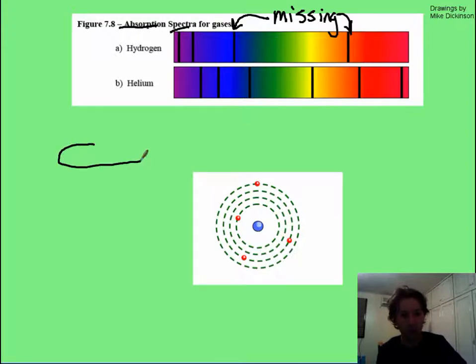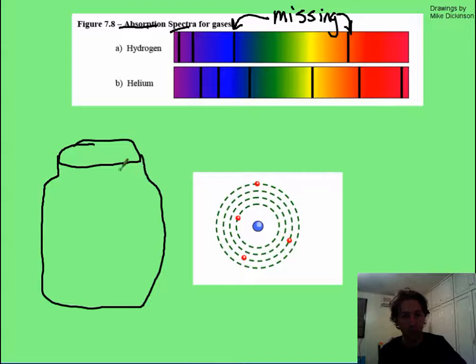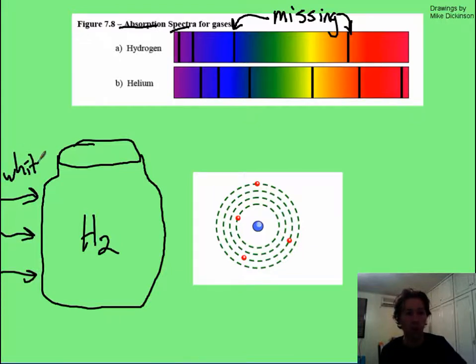And it's like if you had a big jar of gas and you filled it with hydrogen and you let a lot of white light through. I'm writing about white light in black marker for the irony.